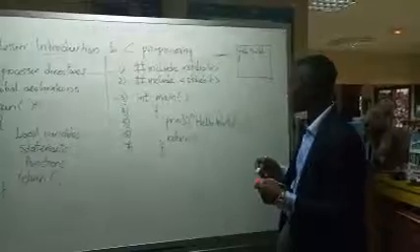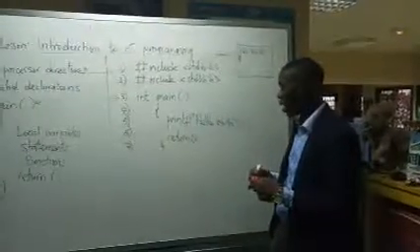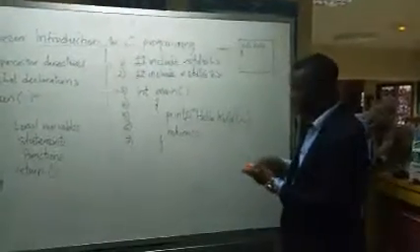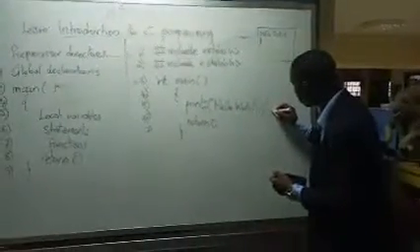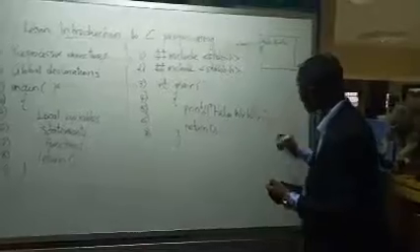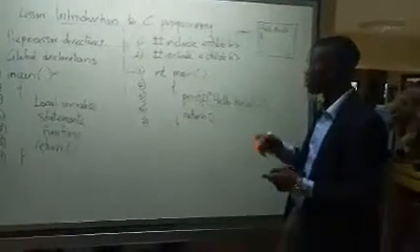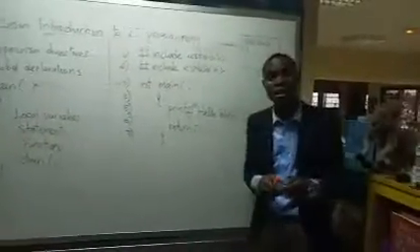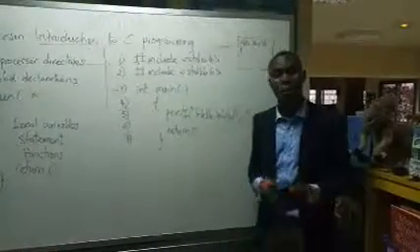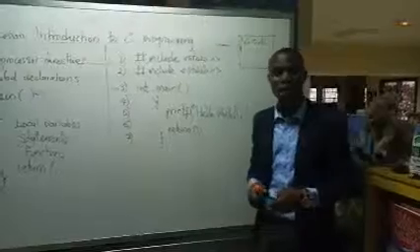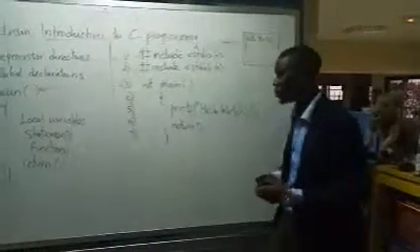That is the essence of this \n. And of course, you see the instruction ends with a semicolon. Very important. All instructions in C language end with semicolons. If you omit a semicolon, your compiler is going to identify a syntax error and your program will not work.